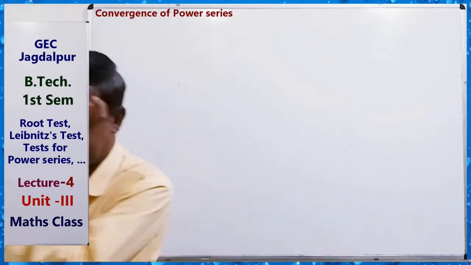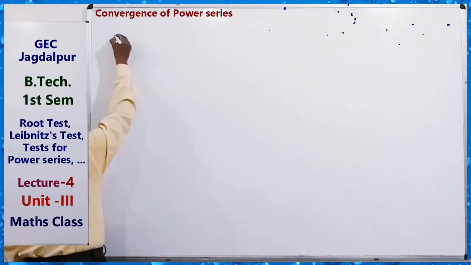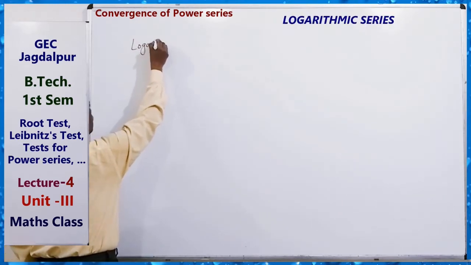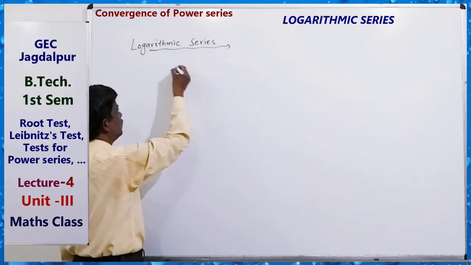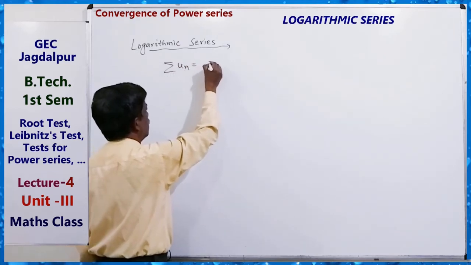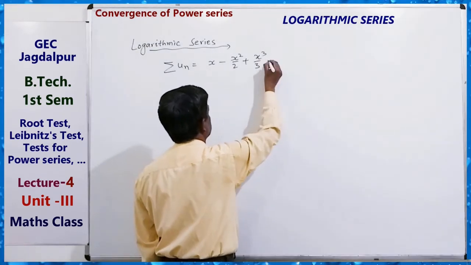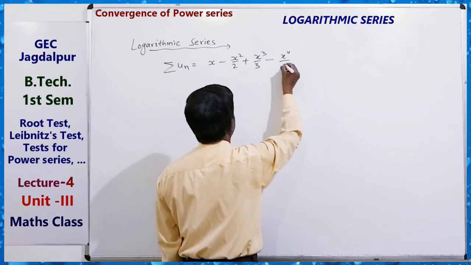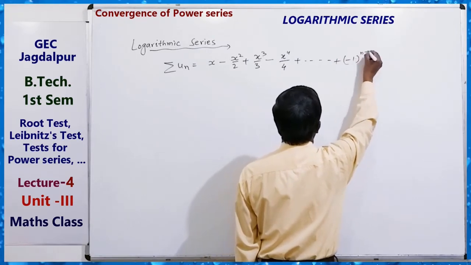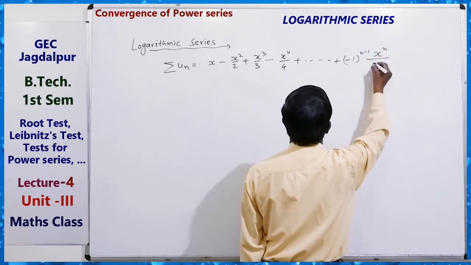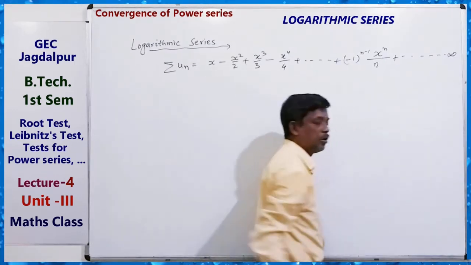Take the logarithmic series: x minus x square by 2 plus x cube by 3 minus x to the power 4 by 4 plus and so on, plus minus 1 to the power n minus 1 x to the power n upon n, up to infinity. This is the logarithmic series.